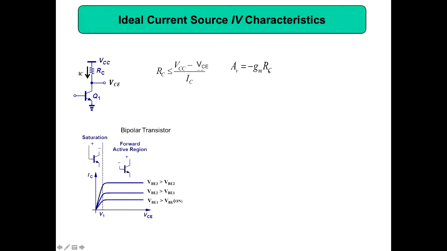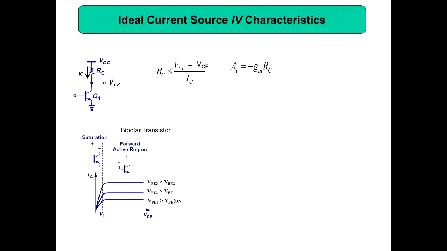But when we increase RC, what will happen? If you increase RC beyond this point, definitely the transistor will go to saturation. Then somebody will ask you a question: is there any way we can get rid of this effect?